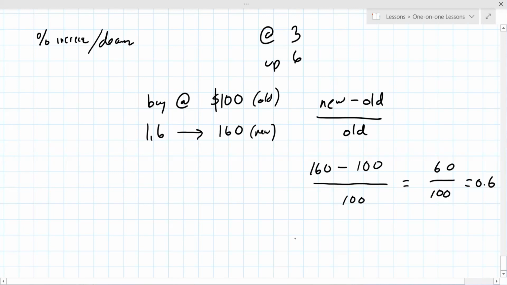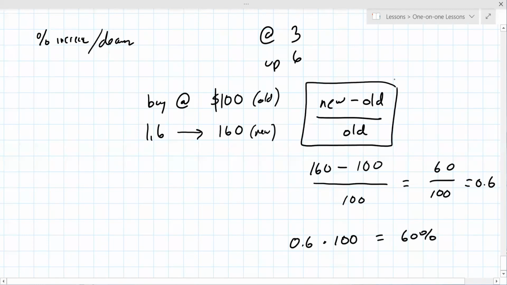And to convert from a decimal, you multiply by 100, which gets 60. So this you could remember, but it's slow.